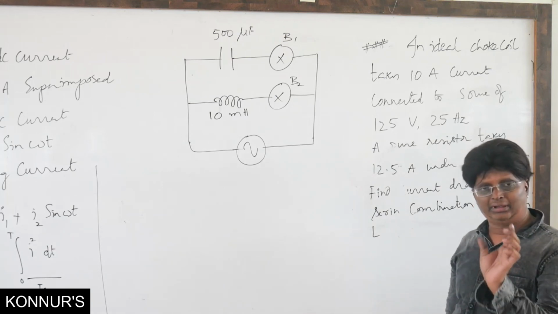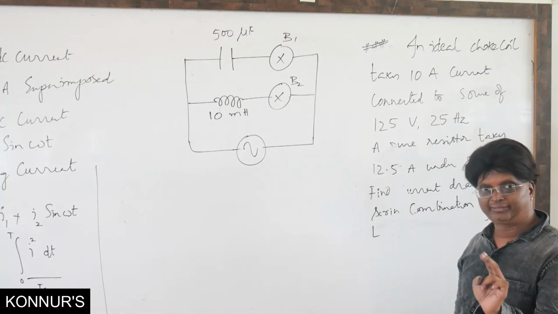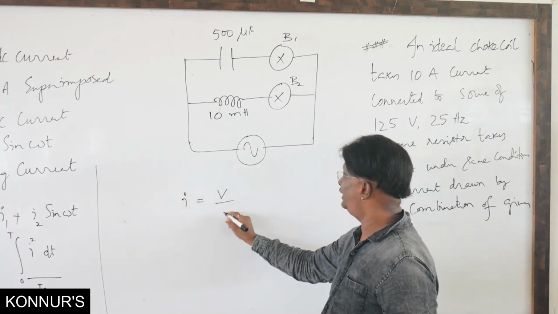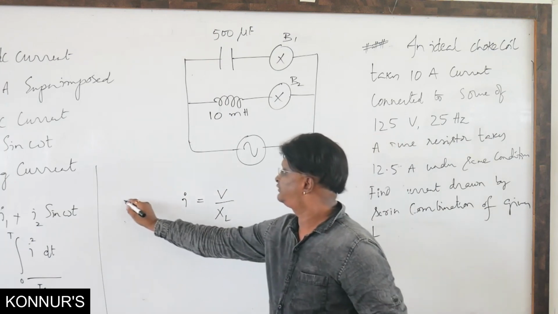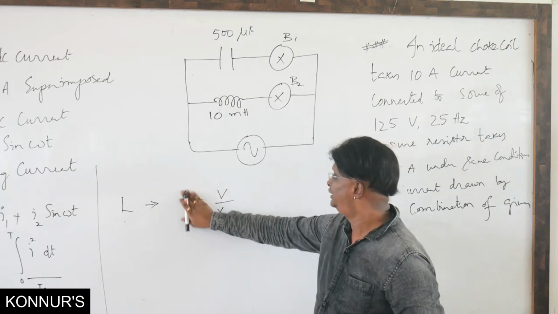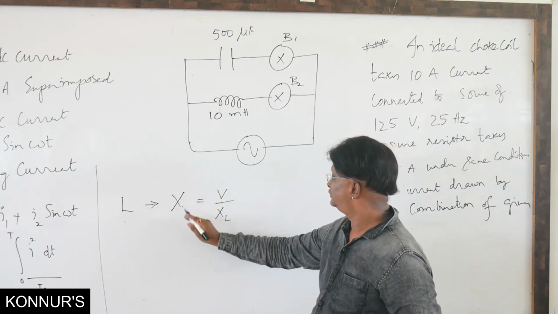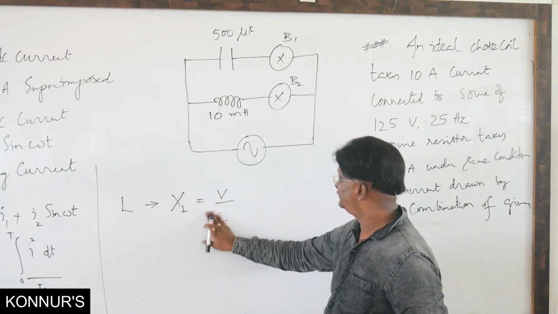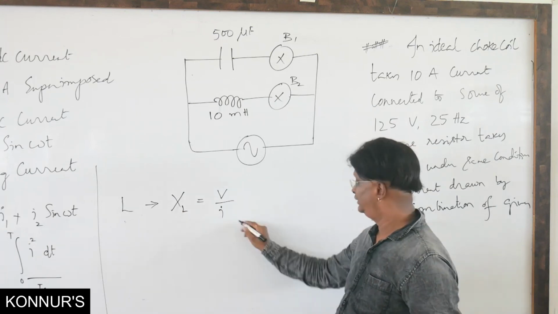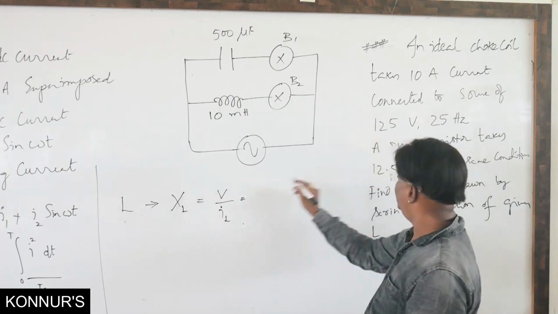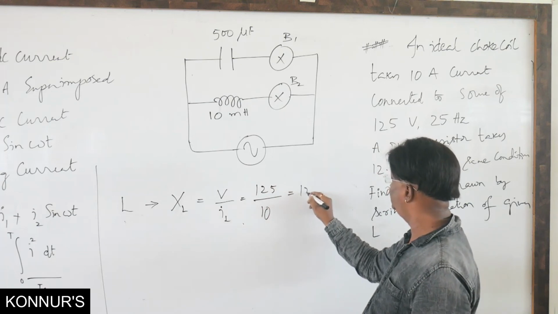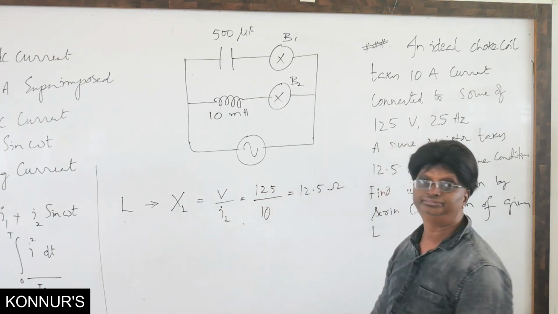Same case of using our Ohm's law twice. How? We know that for the case of a pure inductor, I is equal to V by XL. Therefore, XL is equal to V by IL, which gives 125 by 10, that is 12.5 ohm.